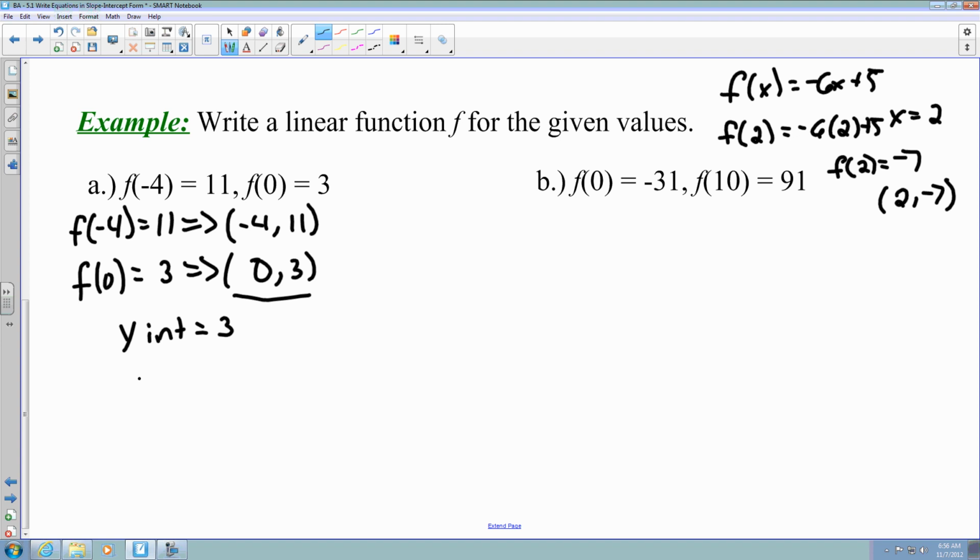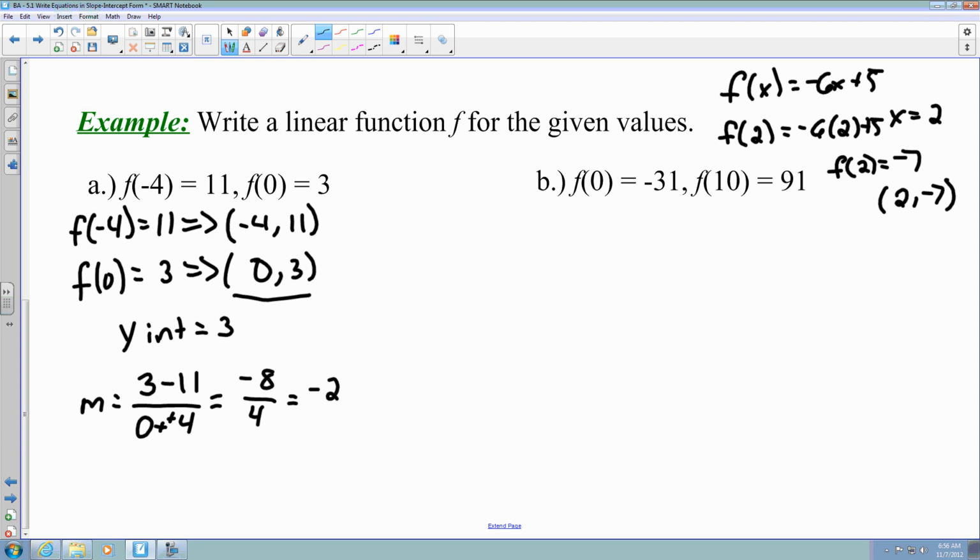So I'm going to take 3 minus 11 over 0 minus a negative 4. So 3 minus 11 gives you a negative 8 over, since this is a negative and a negative, we'll put the plus here, and this will give you a positive 4. And let's bring that to lowest terms. Negative 8 divided by 4 will give you a negative 2.